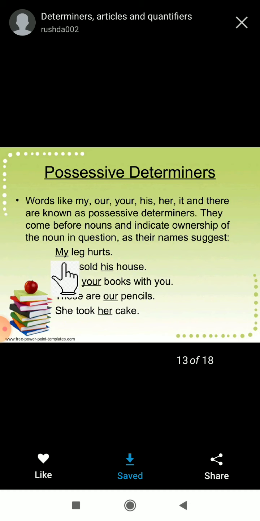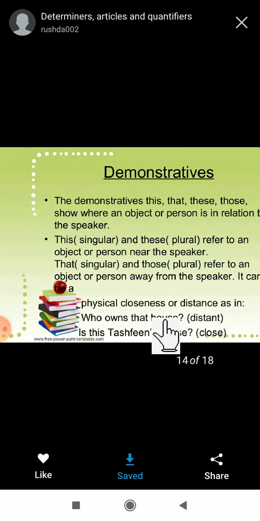For example: my leg hurts, Moise sold his house, bring your books with you, these are our pencils, she took her cake. These are showing ownership, so they are called possessive determiners.